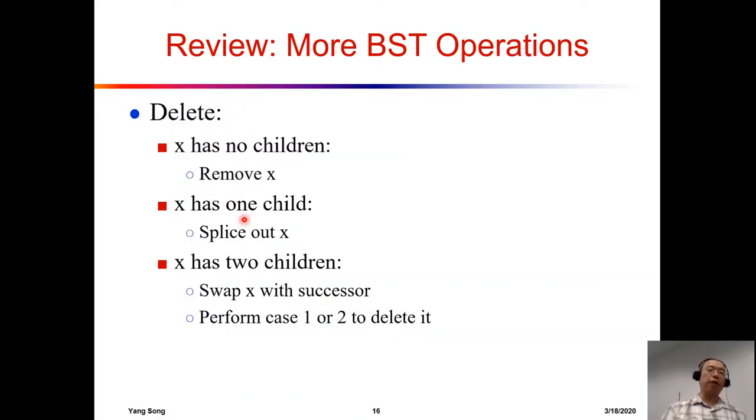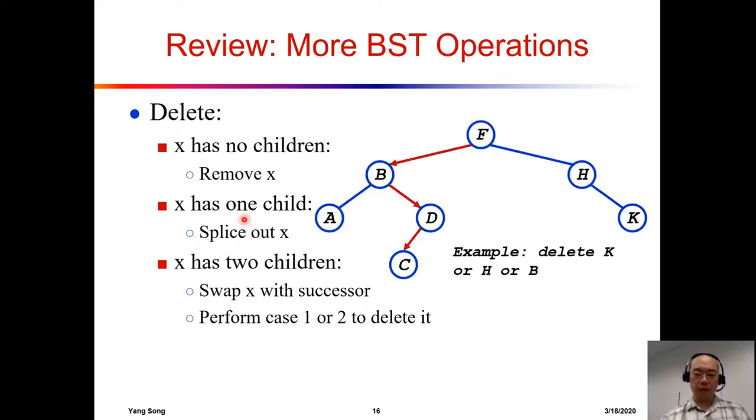So the next part, deletion, the really hard part. There are three possible cases. The first case, probably the easiest one: if X has no children, then we just throw away the node. Let me give you an example here. If we want to delete the node K, you can see node K has no children.